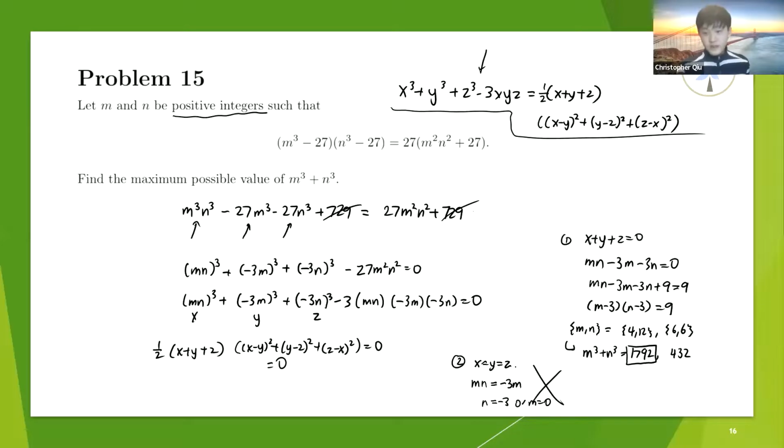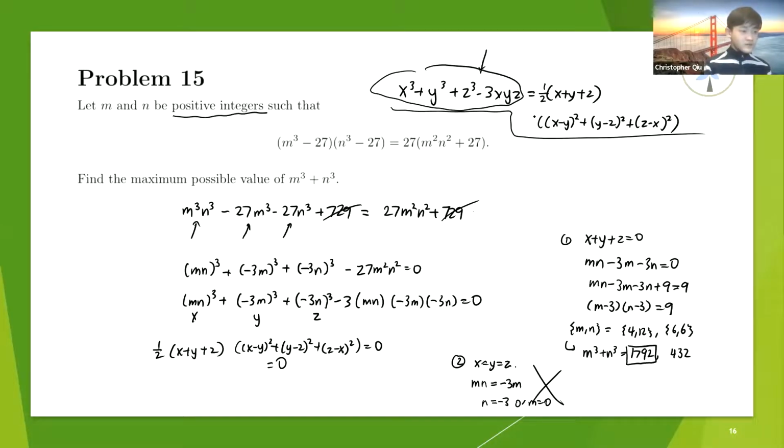And this is a useful factorization of this expression because this expression has a sum of cubes in it. And so when we see a sum of cubes, we can resort to this identity to write it in terms of simpler terms.